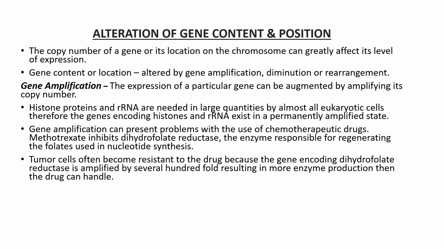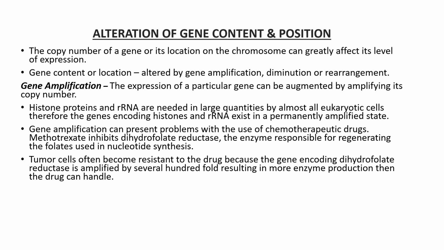Getting to know gene amplification better, the expression of a particular gene can be augmented by amplifying its copy number, meaning that if you want to increase the expression of a gene, the cell can simply increase the number of copies of that gene on the chromosome.